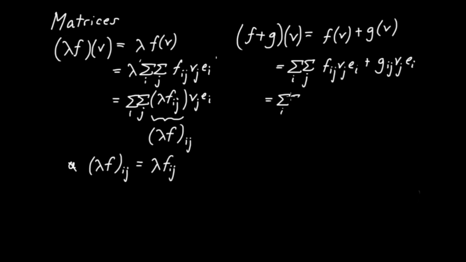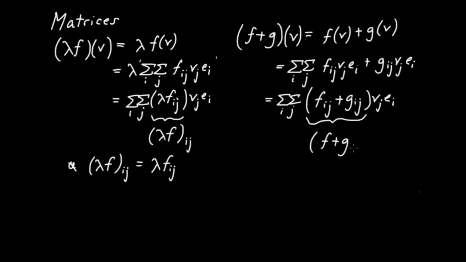Now, of course, we may do a little rearranging here, and we may write f ij plus g ij times v j e sub i. Now notice here, as in the previous case, we have something of the right form for the matrix representation, in that we have a double sum of some scalar times v sub j e sub i. So this scalar here is going to be the ij entry of the sum linear transformation.